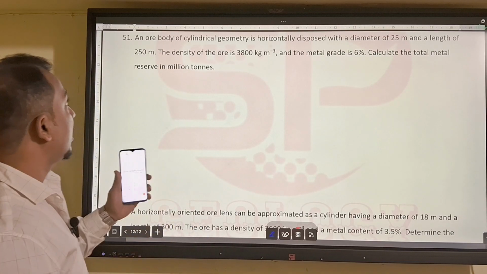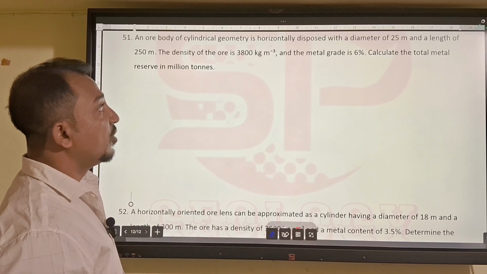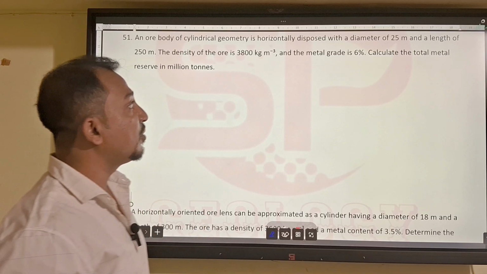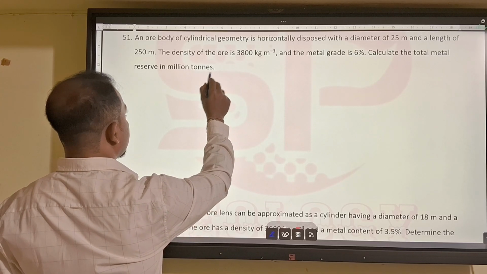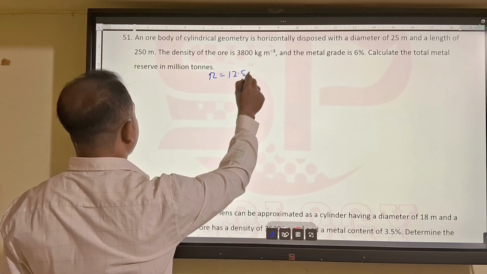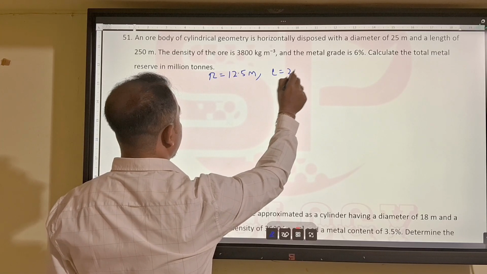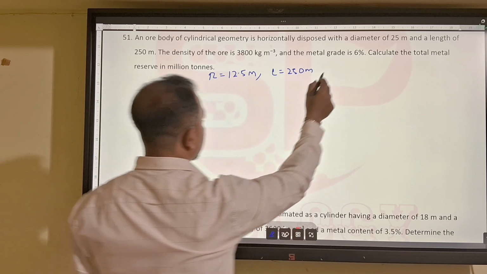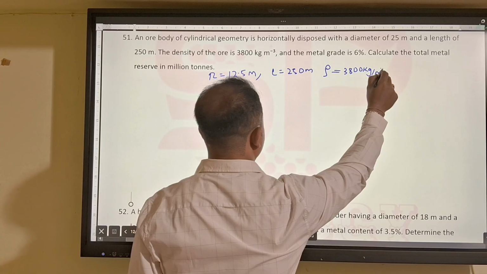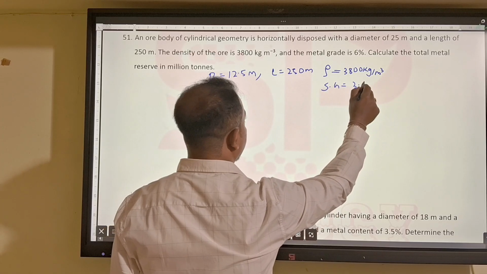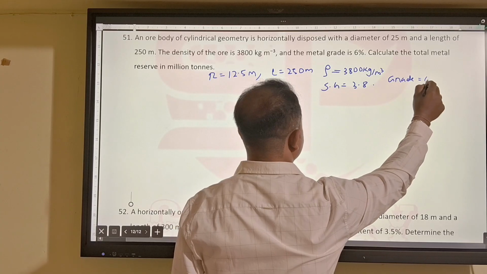So next question. An ore body, a cylindrical geometry, same question, is horizontally disposed with a diameter of 25 meter and a length of 250 meter. Here the diameter is given 25 meter, that means the radius will be 12.5 meter, and the length is 250 meter. The density is given 3800 kg per meter cube, so specific gravity will be 3.8 and grade is given 6%.